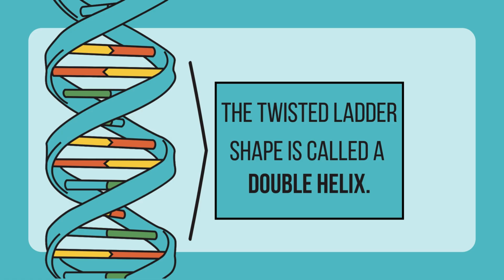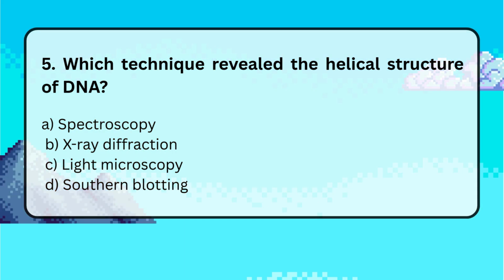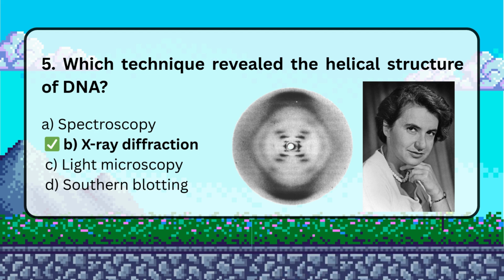Now the double helix model of DNA was proposed by Watson and Crick in 1953. It's stabilized by hydrogen bonds between nitrogenous bases and has a right-handed twist. The MCQ can be asked here as: which technique revealed the helical structure of DNA? So it was X-ray diffraction.